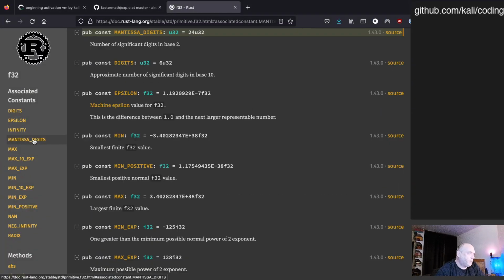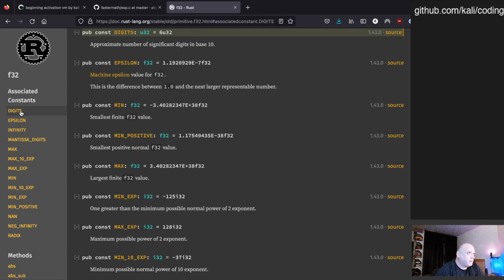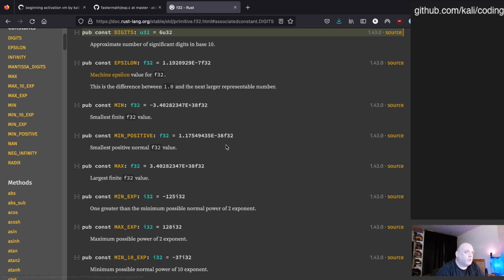Plus, we have this constant. And that's the number of bits. Yeah, approximate number of significant digits in base 10. That's approximate number of significant digits in base 10, is it the same thing, right? Oh no, sorry. Okay.